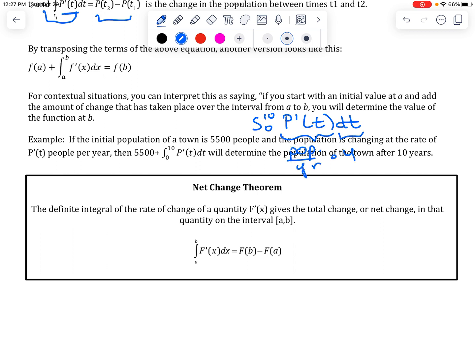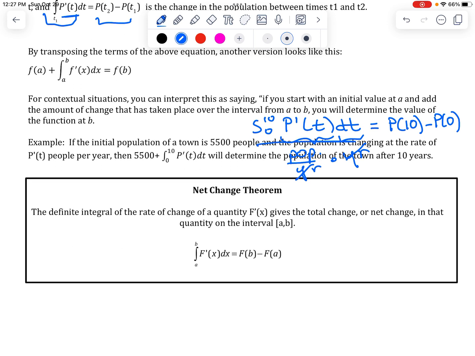The antiderivative of P prime is P, so I get P of 10 and subtract off the lower bound. The antiderivative of that rate gives me the change in the population from year 0 to year 10.